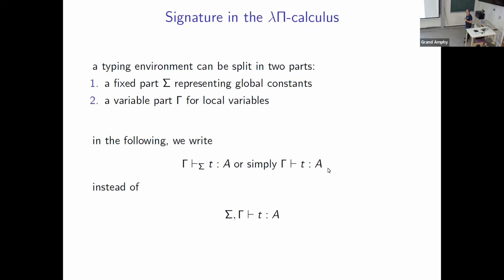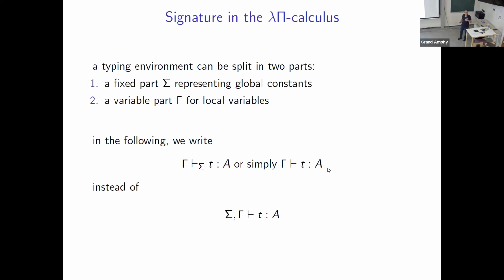Until now, I just spoke about having a typing environment for local variables. But we can make a distinction between variables, because often we are working on some given theory. So a part of the typing environment is the global constants we are going to work with all the time, and that is fixed at the beginning.